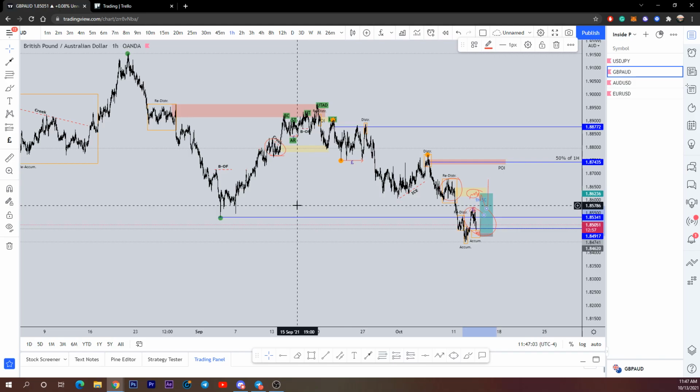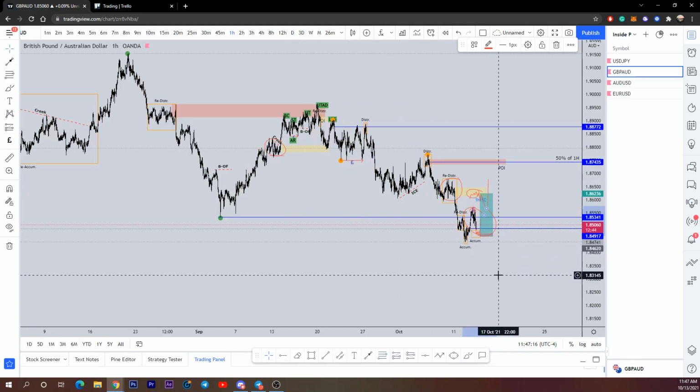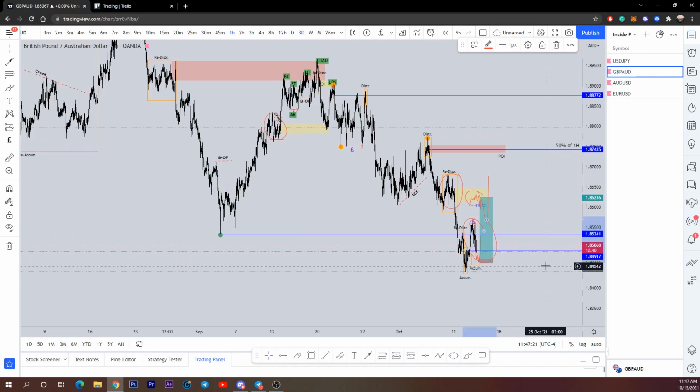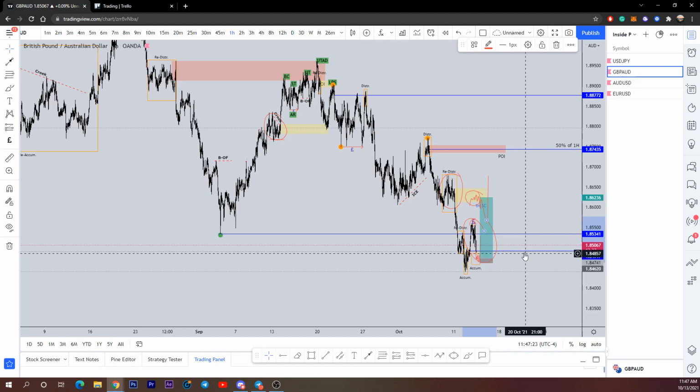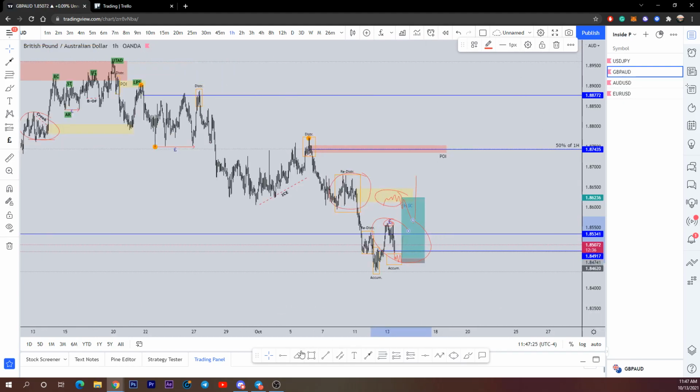Don't let your winning trades die out. If you're on the right side of the market and the market's going down, it's going to go down. Don't worry about it. As long as you partial and you're break even and you get profit from it, you're good. You don't have to fully close the position.